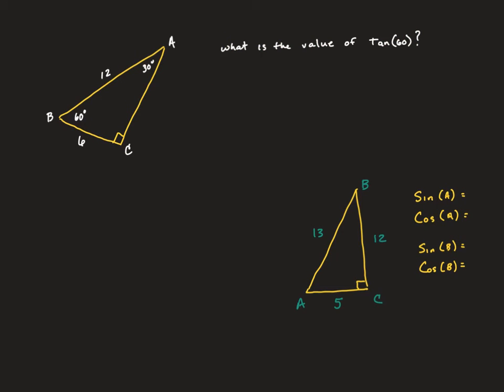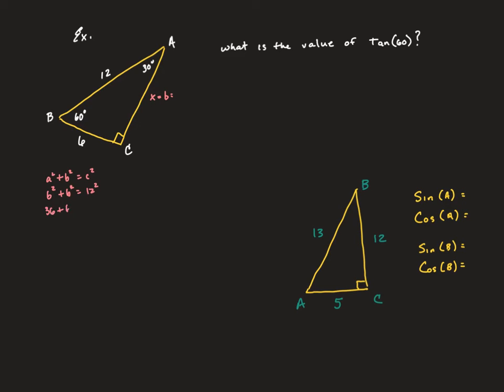And let's see here, what is the value of tangent of 60? Well, again, looking over here at this example, I know that I have a right triangle, but I'm missing this value over here, which would be b, right? And what I can do is I can say that a squared plus b squared equals c squared. And I know that a is going to be 6, so 6 squared plus b squared equals 12 squared.